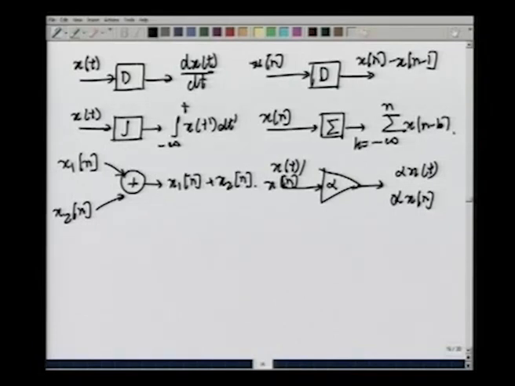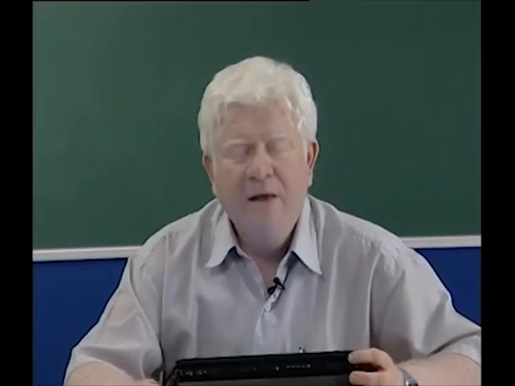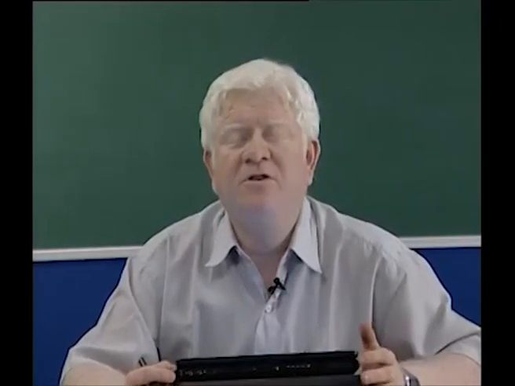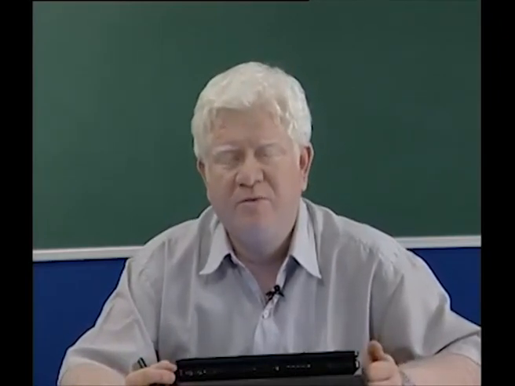So, these are the four kinds of blocks that will constitute the objects of our next discussion. Our next discussion will be to actually build systems which can solve differential equations or difference equations.